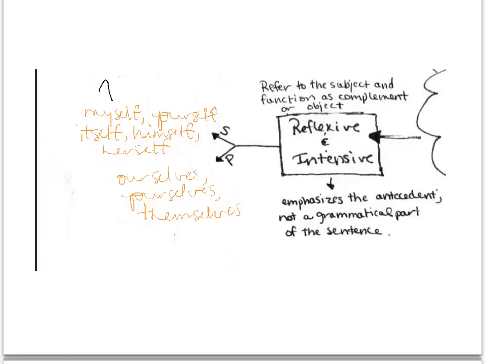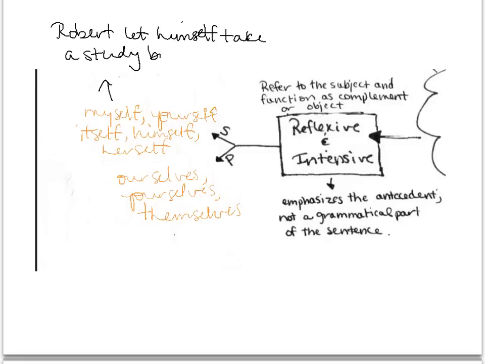So an example would be, Robert let himself take a study break. So in this sentence, himself is a reflexive pronoun that refers to Robert, and functions as the direct object.